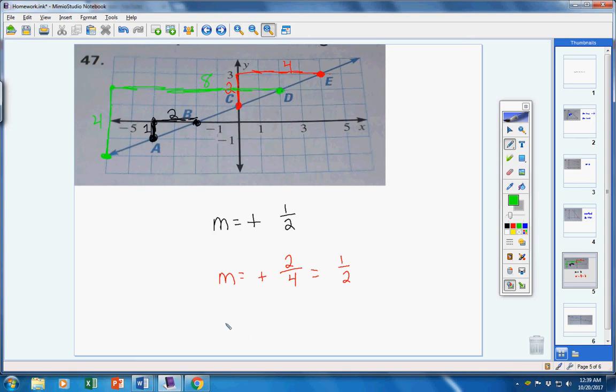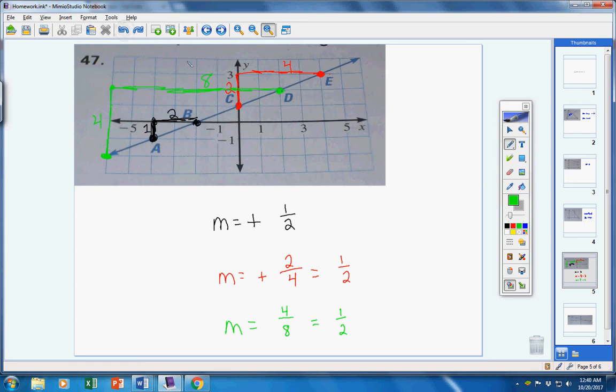So my slope will be rise, which is 4, over run, which is 8, which reduces to 1/2. Okay, students? So it doesn't matter which ordered pairs you choose, as long as they lie on the line. And I recommend they also should go through a crosshair, like right here, at a place like that, okay?